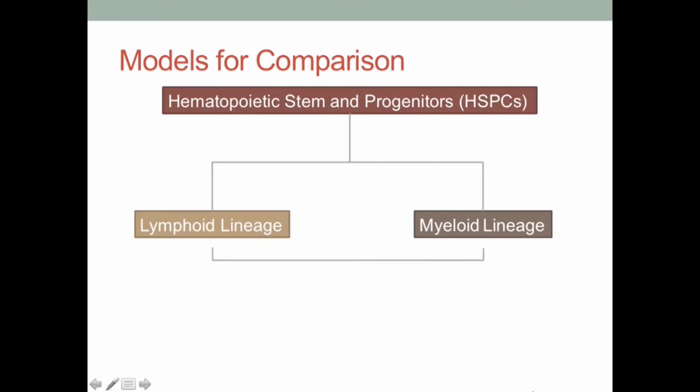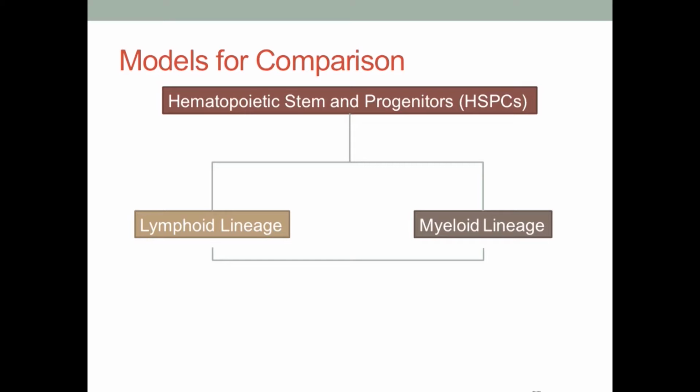So we were able to reconstruct the changes that occur between the hematopoietic stem cell and differentiation to the terminally differentiated lymphoid cell, and the terminal differentiation of the myeloid cell, and we were able to look at specific changes that are shared with the stem cell and then not shared in the differentiated cell types, either to each other or to the stem cell.